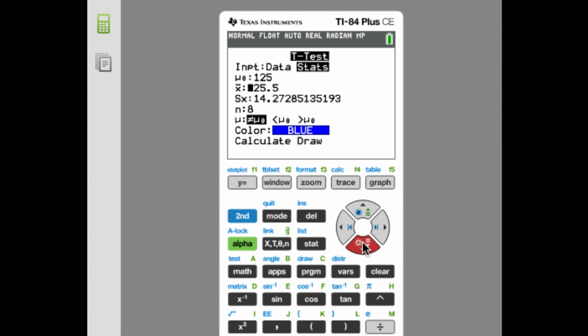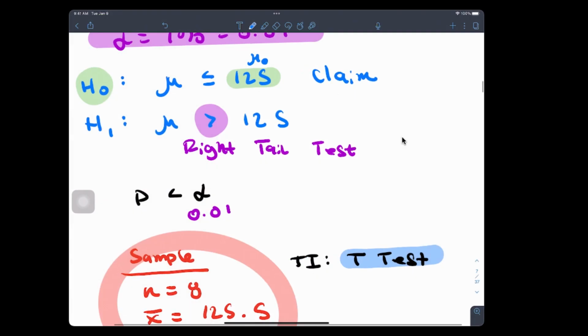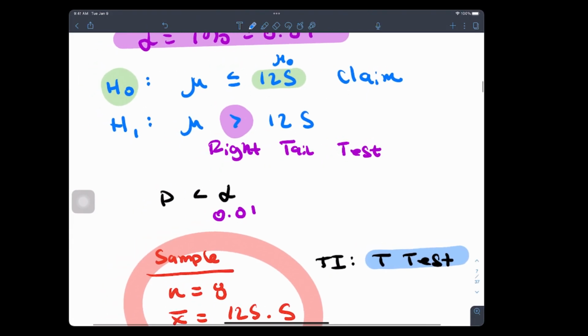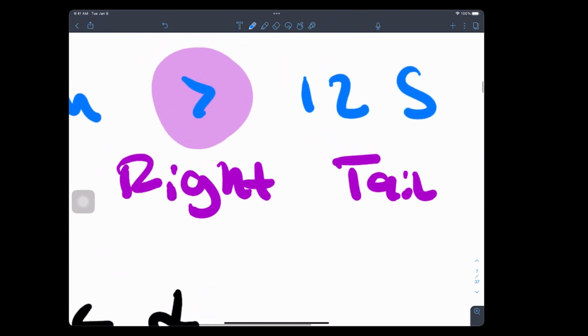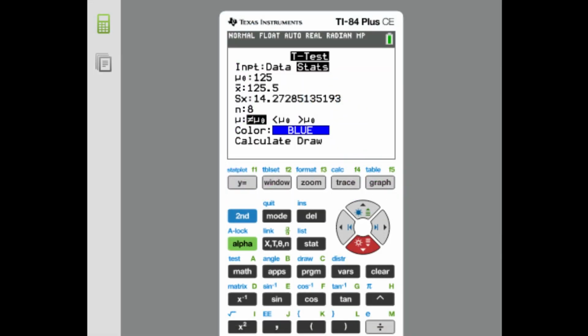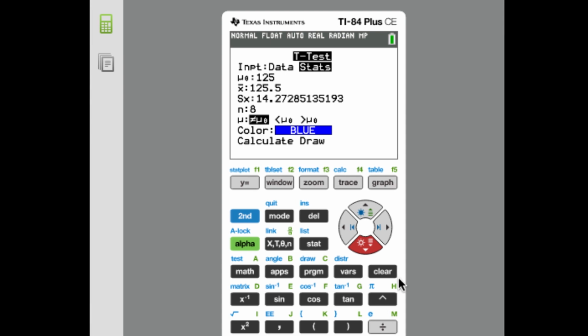It gave you the information in list 1. You just have to know, is this a two-tail test, left-tail test, or a right-tail test? Go back. This is a what? Isn't that a right-tail test? So in the calculator, what do you got to do? You got to scroll down to what?